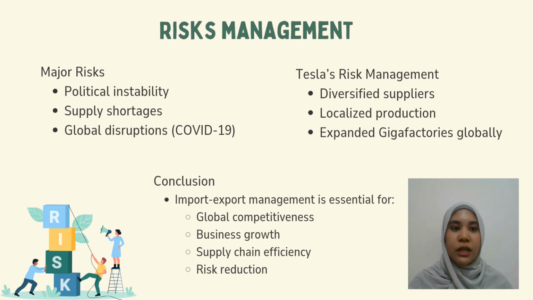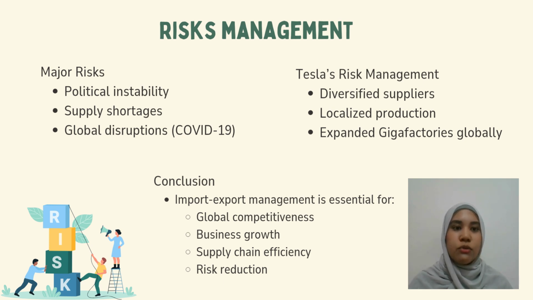Next is risk management. The major risk that can happen in doing export and import business is political instability. For example, when we are doing business with another country, a country that faces political instability is a risk for us.